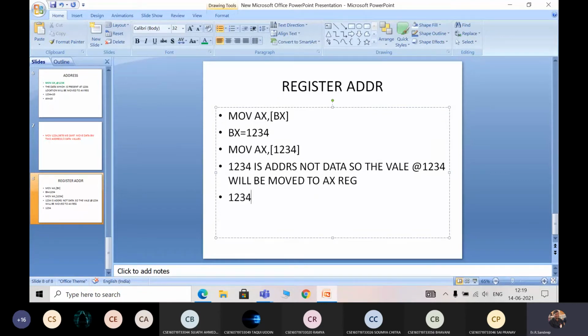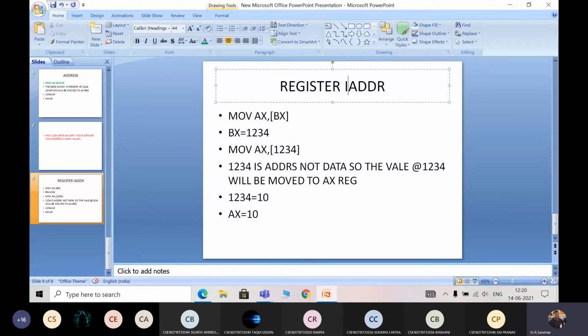Suppose the 1234 location has the value 10, then AX is equal to 10. So this is the register indirect addressing mode. We are specifying the address in the particular register. We are not specifying it directly, we are specifying it indirectly. That's the reason we are calling it register indirect addressing mode.